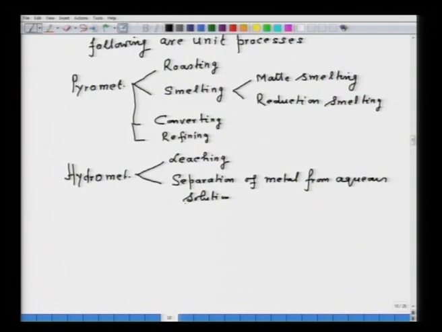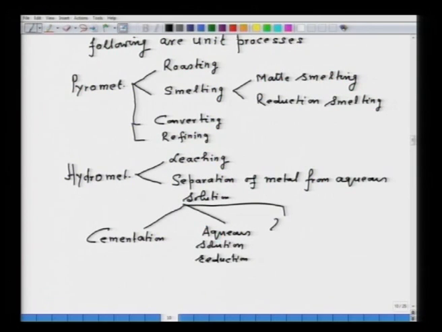Now, here various techniques are used. One is cementation, then aqueous solution reduction, then electrolysis, and then the solvent extraction technique.